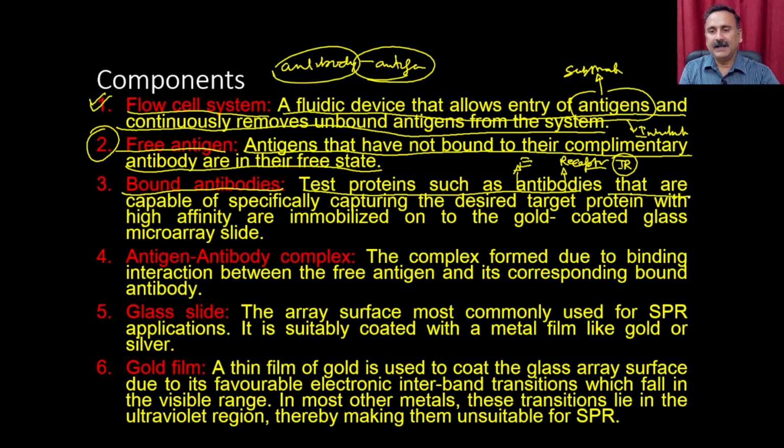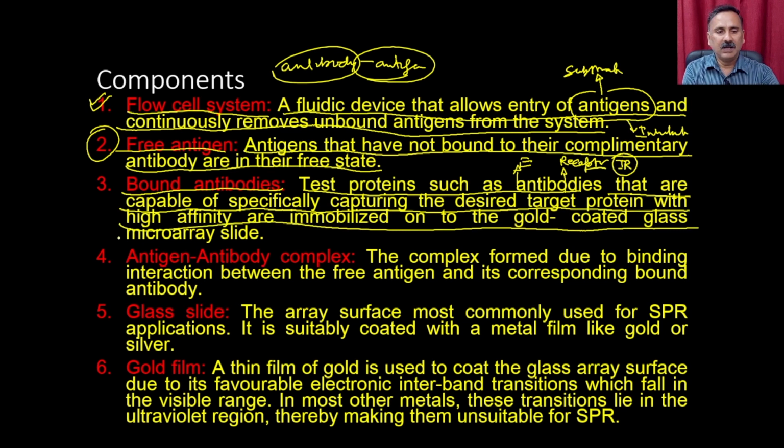Such molecules, capable of specifically capturing the desired target protein with high affinity, are immobilized onto the gold coated glass microarray slides. Then we also require the antigen antibody complex, the complex formed due to the binding interaction between the free antigen and its corresponding bound antibody.